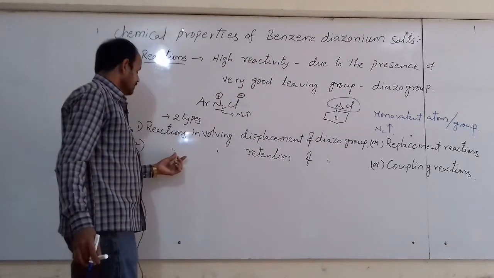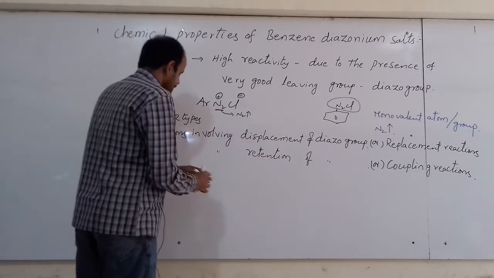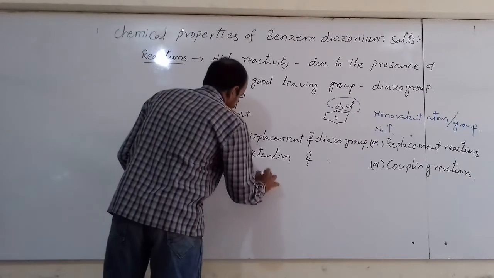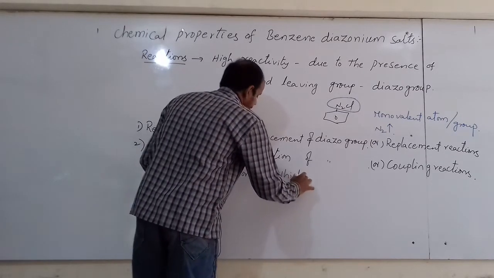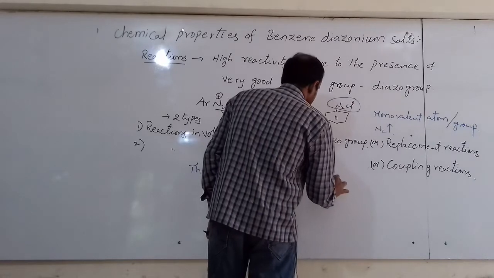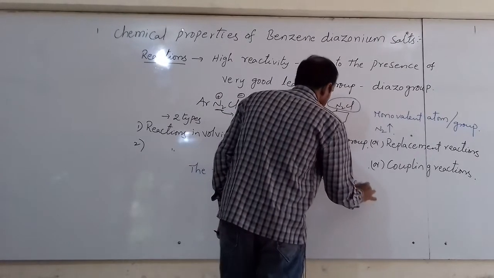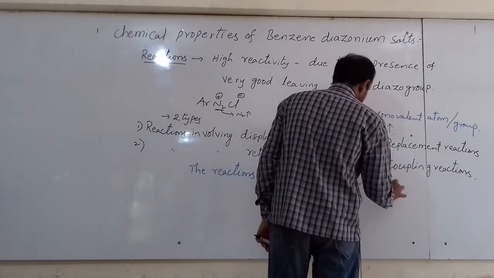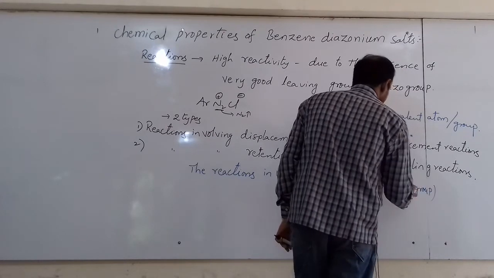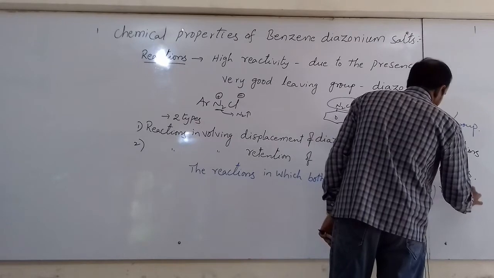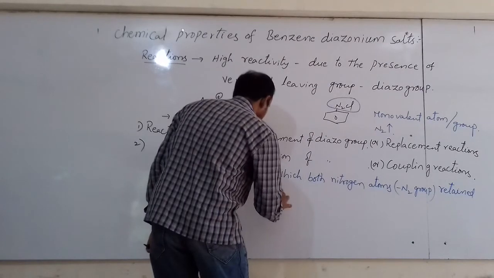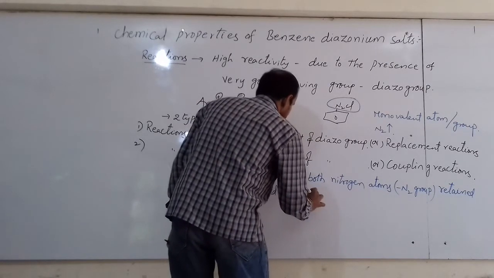Second type of reactions are reactions involving retention of diazo group, means the reactions in which both nitrogen atoms are retained, that is the N2 group is retained and X minus is replaced.